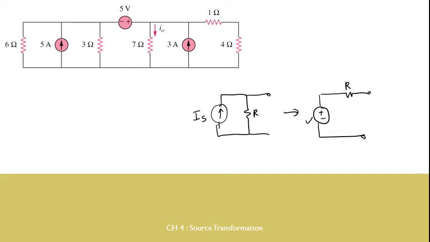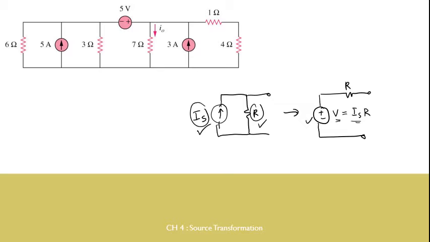This is just applying Ohm's law. V is equal to IR. So what is your I? I is the value of IS here. So IS times R. R is this value. So the voltage will take the value from I and R here. So you will have this.